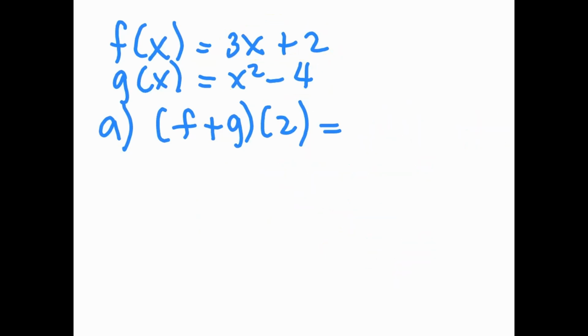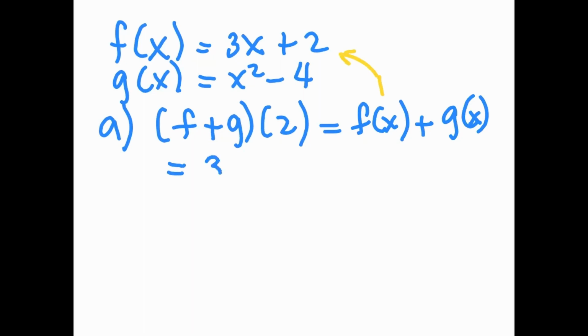We'll show that we'll also get the value of 8 when we first find the sum f of x plus g of x. After some simplification, we'll be evaluating that sum at x equals 2. So we'll now have the expression for f of x, which we copy as 3x plus 2, then that of g of x, which is x squared minus 4.